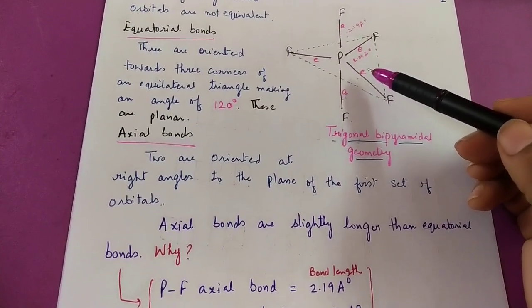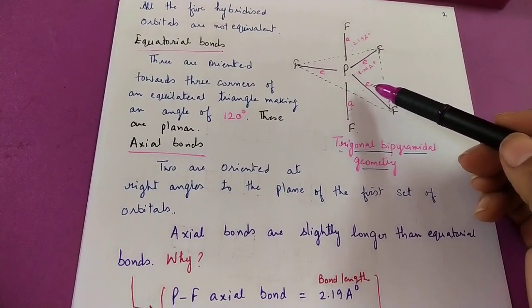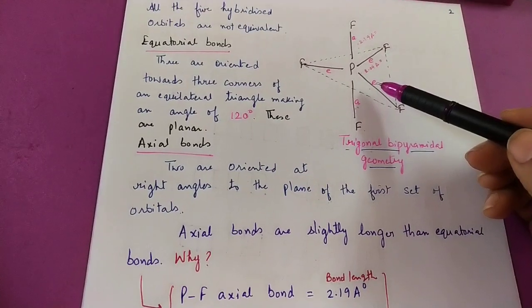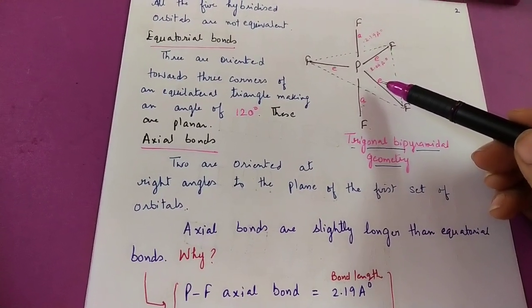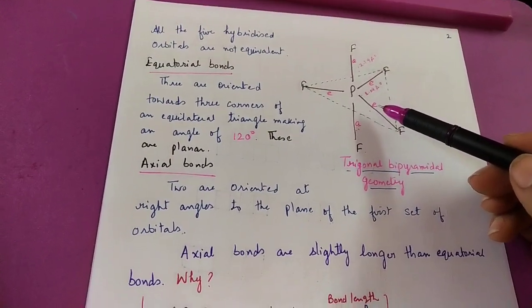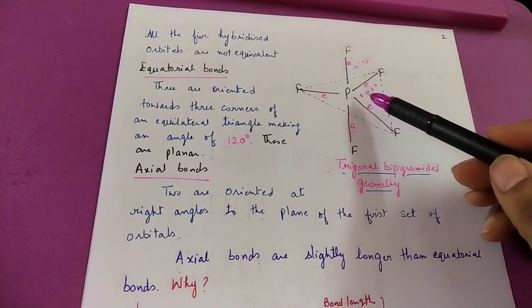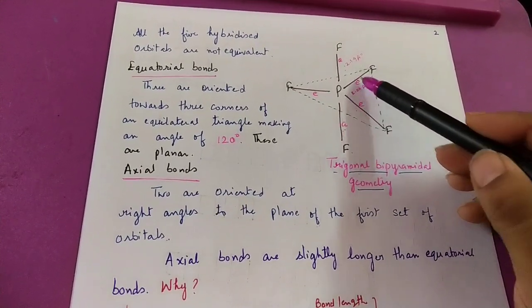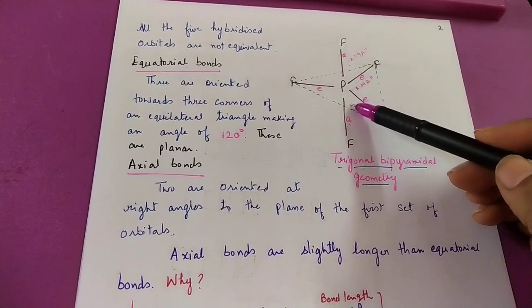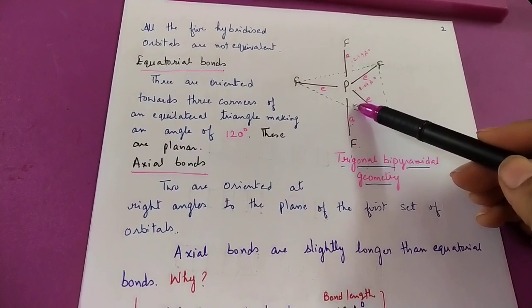The electron pair repulsions decrease very sharply with increase in bond angle, so the repulsions between bond pairs of electrons where the bond angle is greater than 100 degrees are generally neglected. If we see the bond pairs in the case of the axial bond, there are 3 bond pair repulsions.